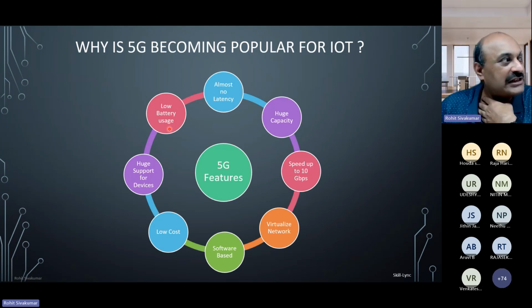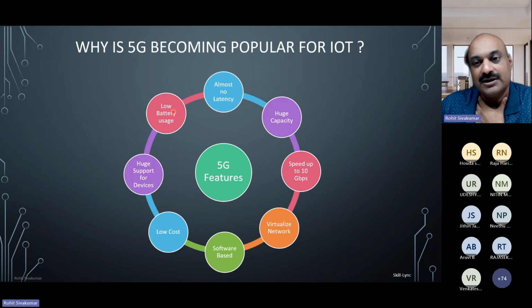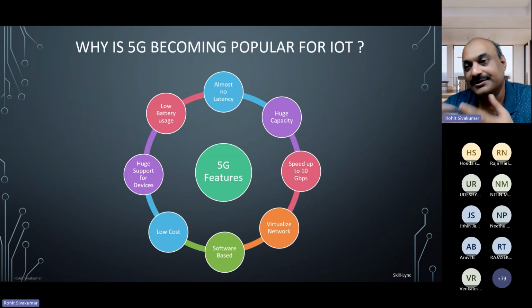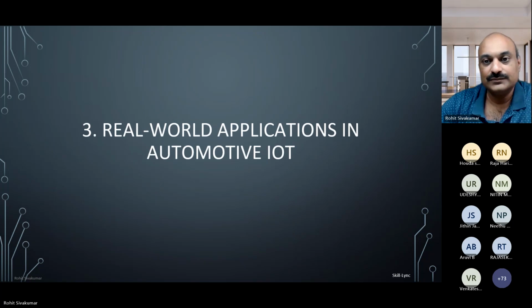That's also one of the reasons why 5G is getting popular, because it consumes much less battery compared to a technology like 2G. And that's the reason why 5G is getting so popular in today's next generation cellular connectivity.